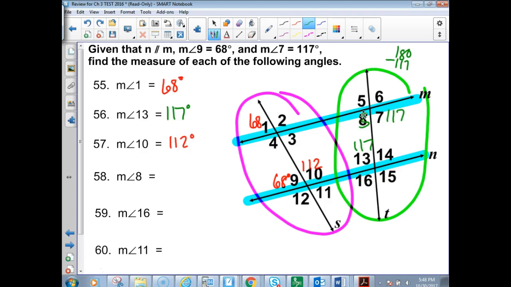That's 63. Oh, I'm getting so tired. And 16 corresponds to that, so it's going to be 63. And angle 11 is supplementary with the 112 or vertical with angle 9, so it better be 68. And it is.